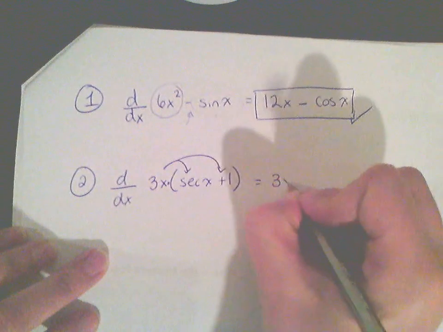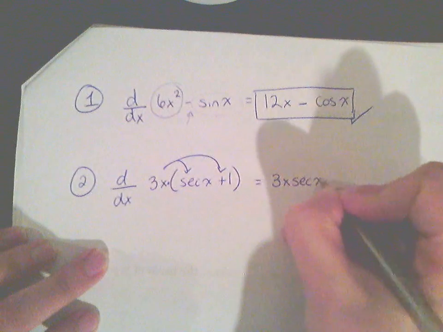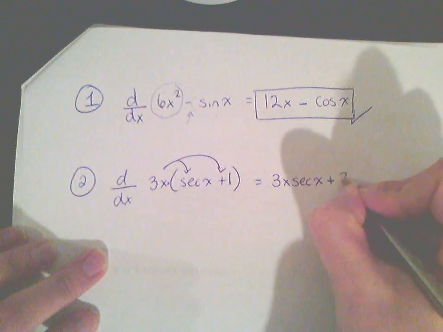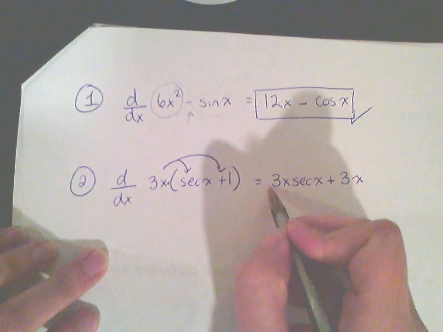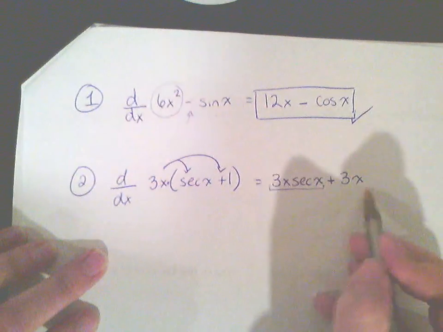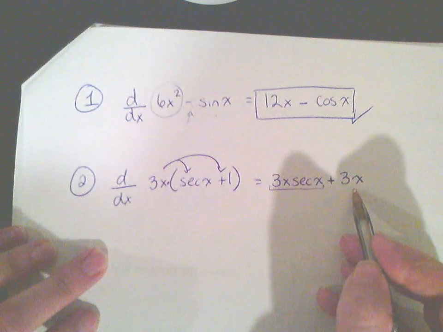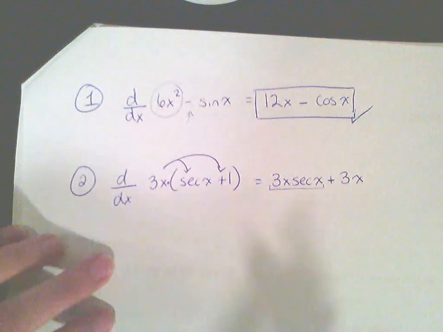So this is 3x secant of x plus 3x. Now I'm still going to use the product rule here, but at least I don't have to worry about it here. All right, so let's start off with the product rule.